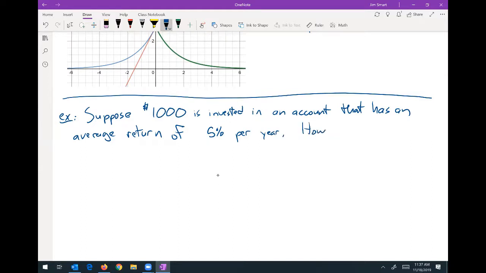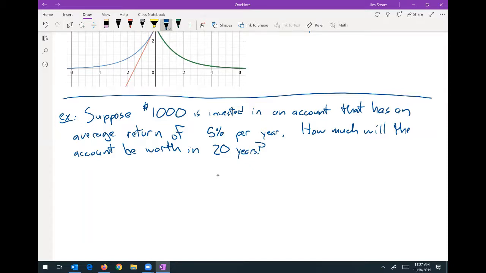How much will the account be worth in 20 years?